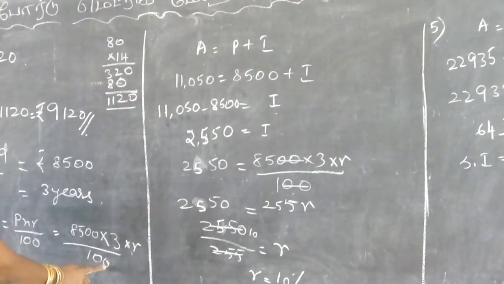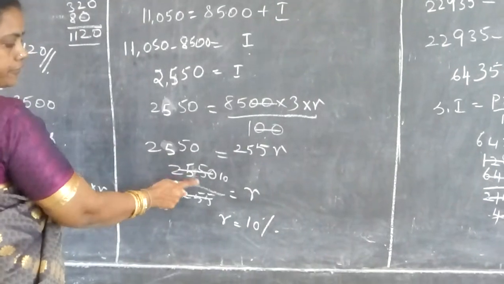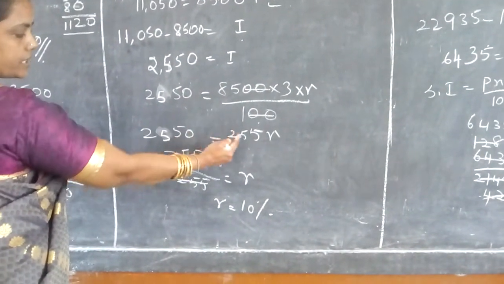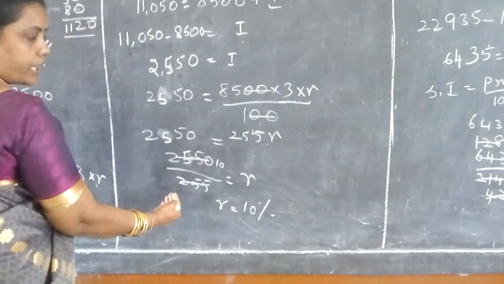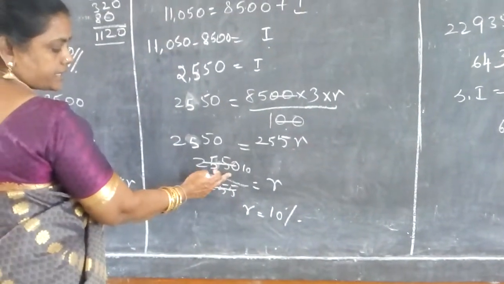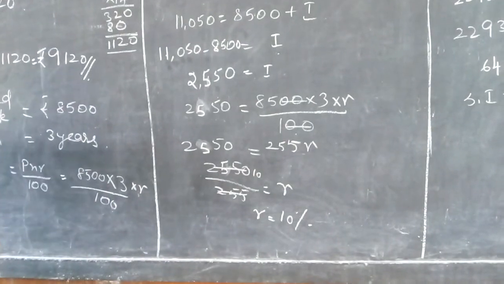From this we can get the value of R: 2,550 by 255, after cancelling zeros. Since this is multiplication, when it goes to the other side it becomes division. So 2,550 by 255 cancels and we get 10. So R, the rate of interest, is 10%.